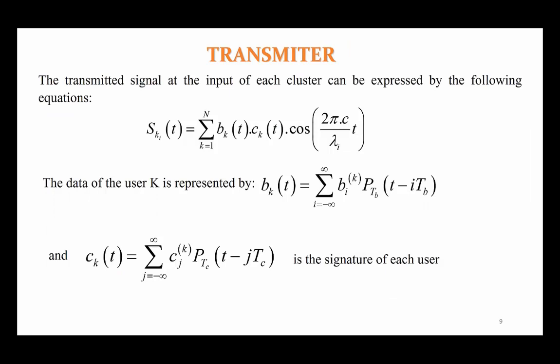The transmitted signal at the input of each cluster can be expressed by the following equations. The data of the user K is represented by this equation, and the last term is the signature of each user. It makes it possible to easily distinguish the desired user from other users.